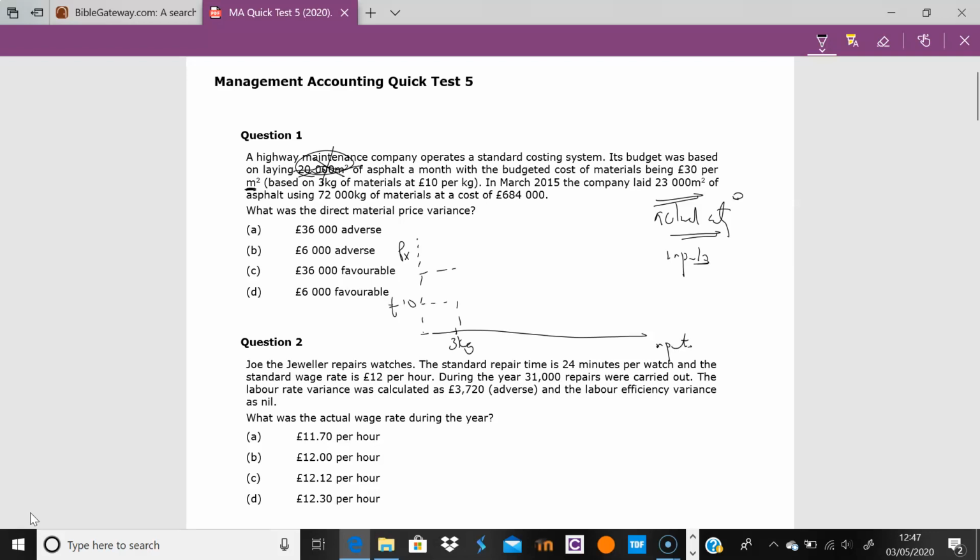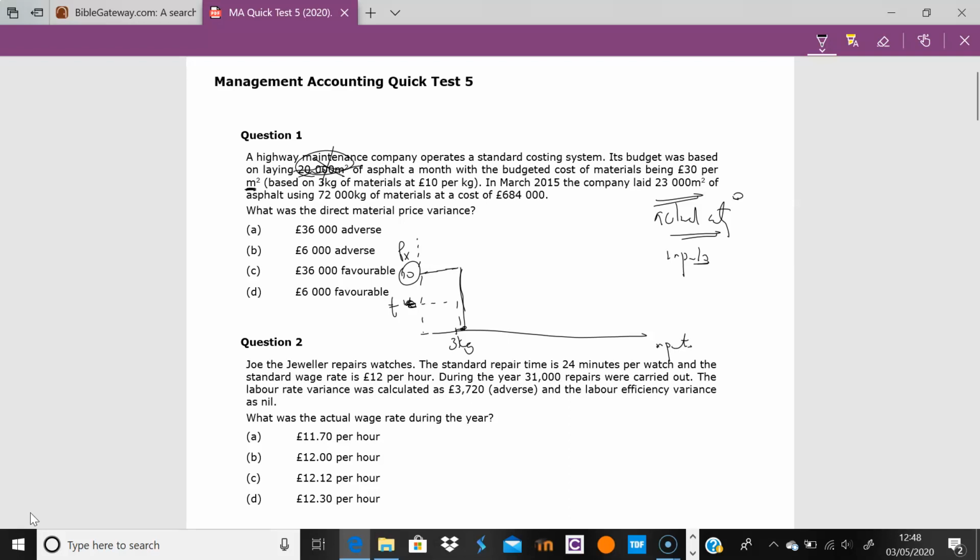So I'll raise that up here. We're expecting to spend £10 on each kilogram, and we're expecting to use 3 kilograms per meter.